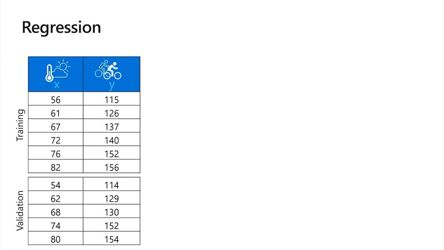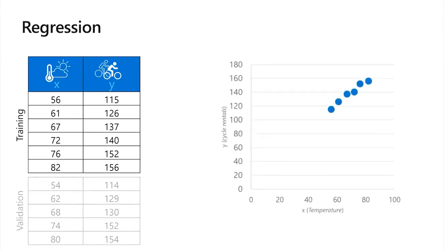Now, I have split my data, and let's plot it. I'm plotting the temperature on the horizontal axis and the bike rentals on the vertical axis. Here you can already see that there appears to be some kind of relationship. I could even plot a line through this, because I'm trying to find some kind of function. Plotting a line to it, you can see the trend, and there are a couple of things that are interesting.